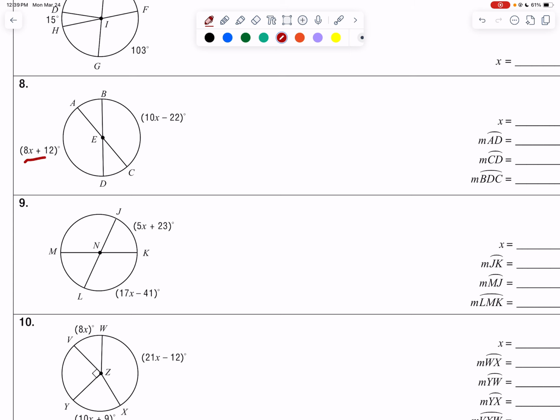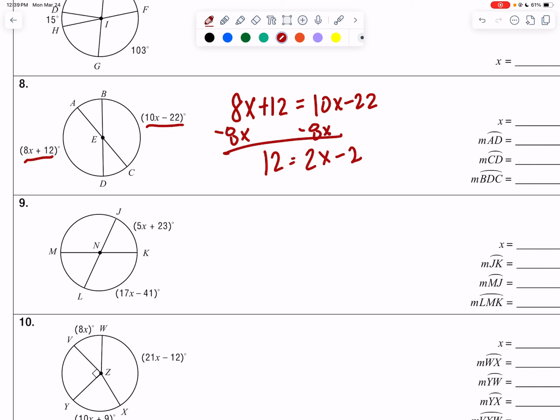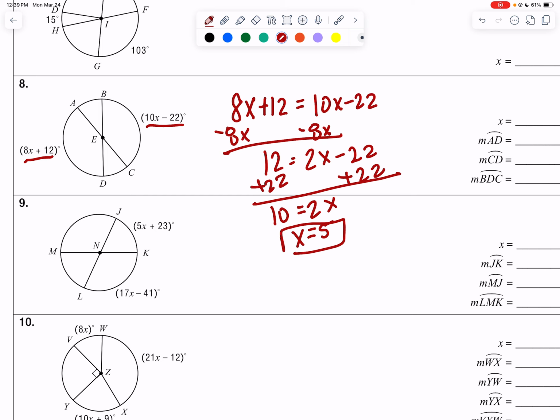We know that these two arc measurements are going to be congruent to each other because they are vertical angles. So I'm going to go ahead and subtract 8x. And then I'm going to add 22, which gives us 10 is equal to 2x, which means that x is equal to 5.